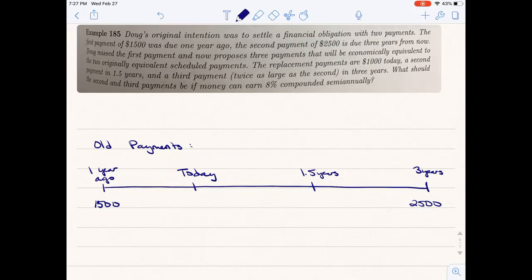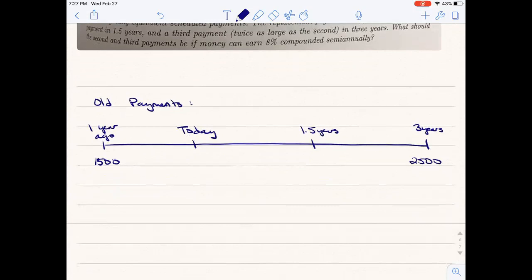And it really doesn't matter, because as long as you figure out what both of these payments are worth on one day, and then you make the other two payments worth the same on that same day, it doesn't matter what day you pick. As long as they're equivalent, it doesn't matter. And so here, it doesn't matter what you pick as the focal date. On a test, I would tell you, use this as the focal date.